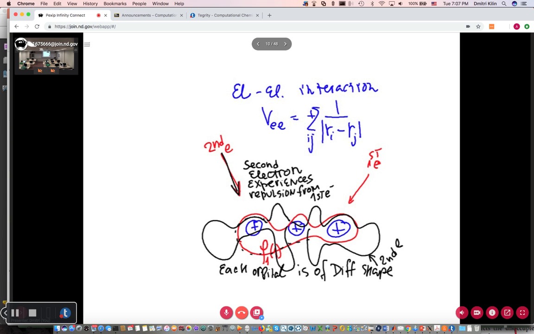So suppose that this red curve is approximate area of space where first electron is located, so it can have probability to be near each of the ions. Now let's do an experiment in our mind, assuming that we submit a second electron to this molecule.